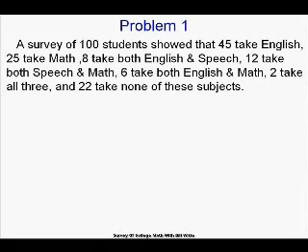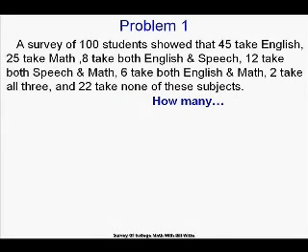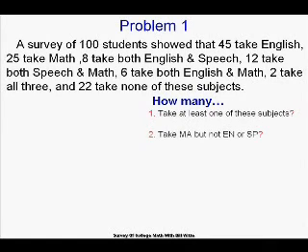So you've got all that information, and you don't want to have to survey these people again for other questions. But you have other questions, and you have to answer them. This is the kind of thing you'd get on a test. Without resurveying these people, tell me how many take at least one of the subjects. How many take math but don't take English or speech?